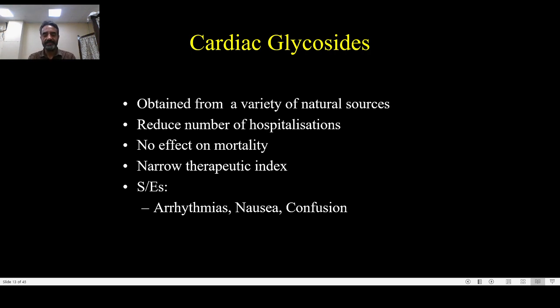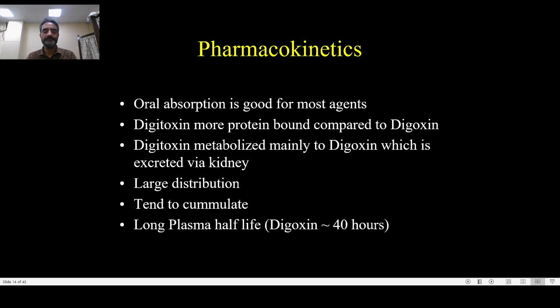Side effects: there is arrhythmia, there is nausea, there is confusion. Arrhythmia is a serious adverse effect of digoxin, especially because it also has a narrow therapeutic index. So you have to be cautious.